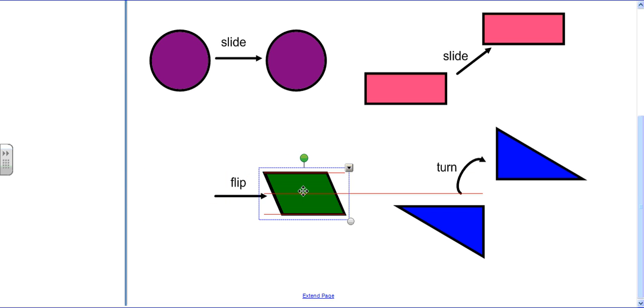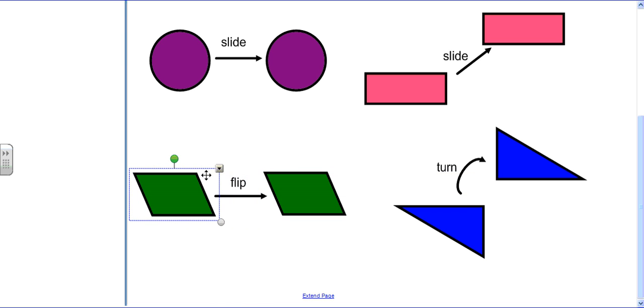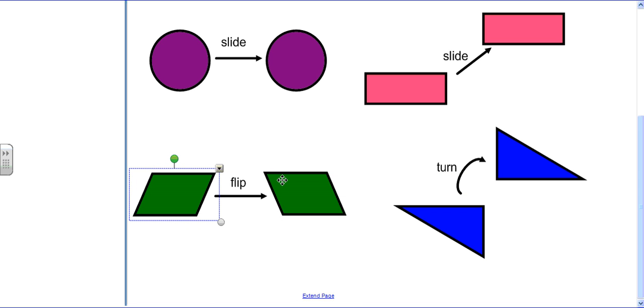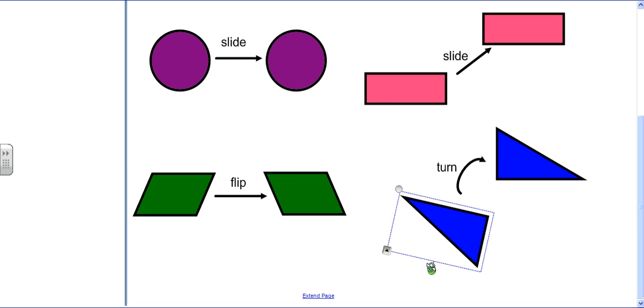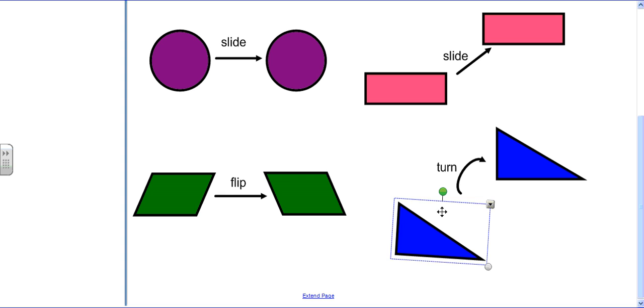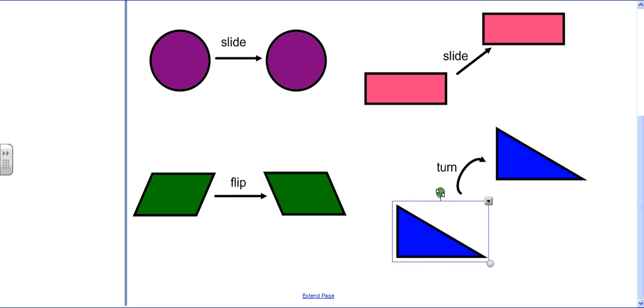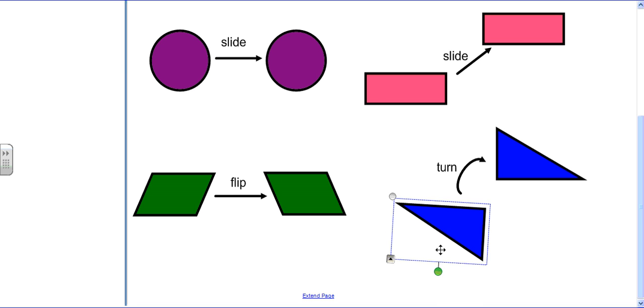See how it lines up exactly. So we did a flip. Let's flip it back. All right, so we could flip it and it's going to line up exactly. Or we could take this guy and we could turn it and then it would lay directly on top as well. Okay, so slide, flip, or turn allows us to determine whether or not 2 figures are congruent.